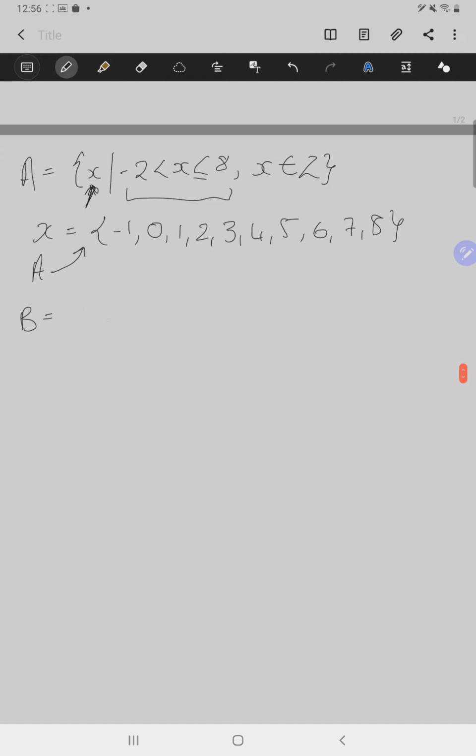B is defined by 2x, where -4 is less than or equal to x, is less than or equal to 2. X is an element of our natural numbers. So remember, natural numbers are positive whole numbers.